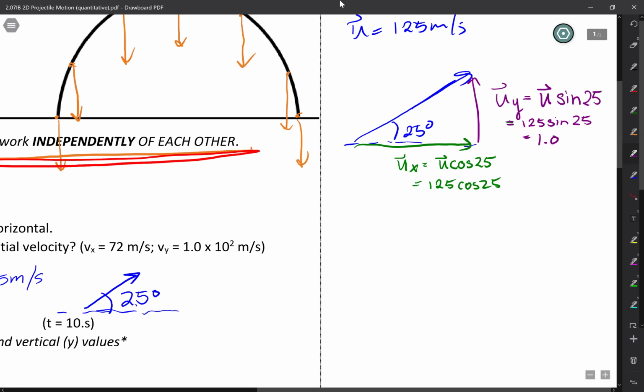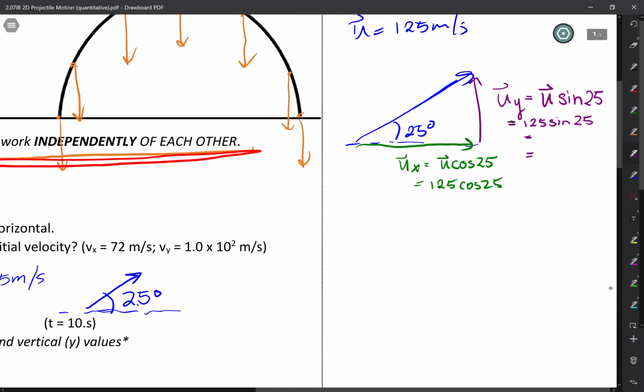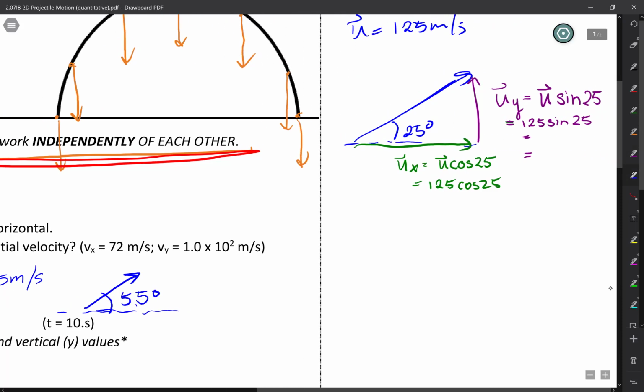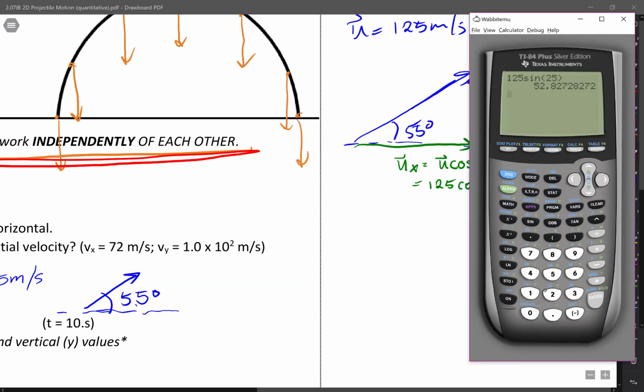But rounding it to two significant figures, we have, oh, I realize it's my bad, the angle is not 25, it is 55. Let's change that to 55, change that to 55, and then change the rest to 55, and not 25. Putting this back in, 102.394.